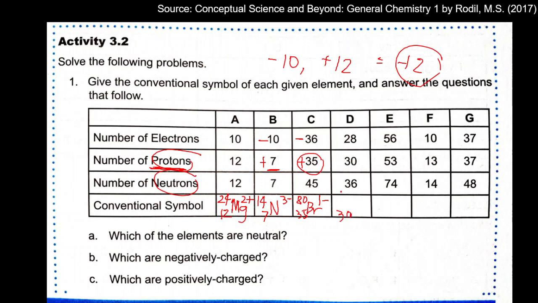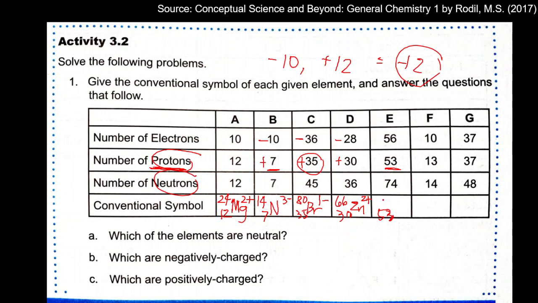Next, we have element D, atomic number 30. What element has atomic number 30? That's zinc. And the mass is 66. And the charge is negative 28 plus positive 30. That's 2+. Next is atomic number 53. What is this element?